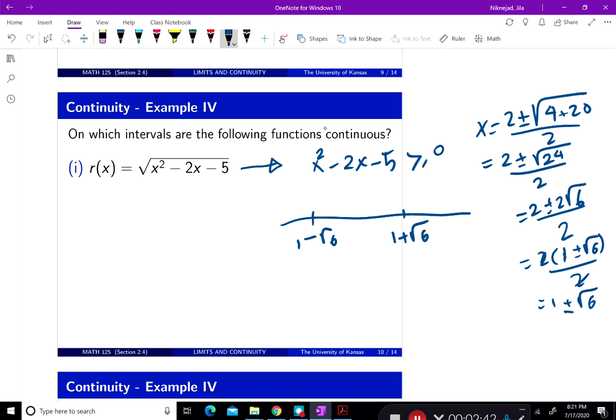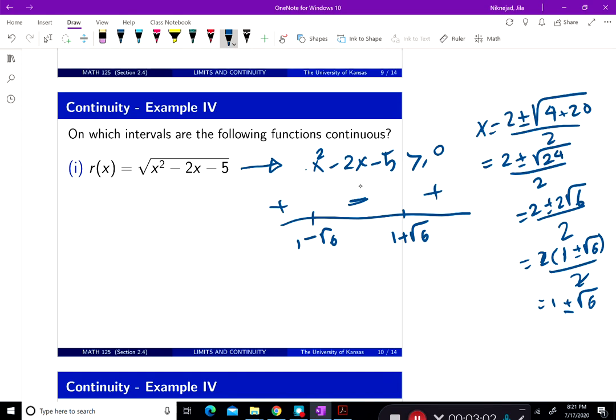And this is a quadratic function, therefore it's a parabola with the leading coefficient 1, therefore it opens upward, so it has to be positive over here and negative over here.